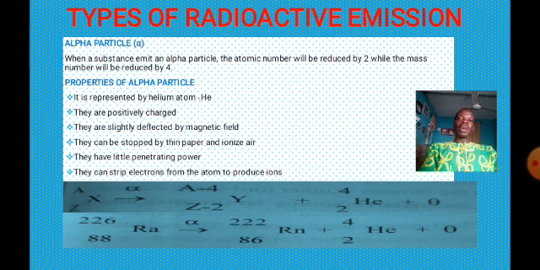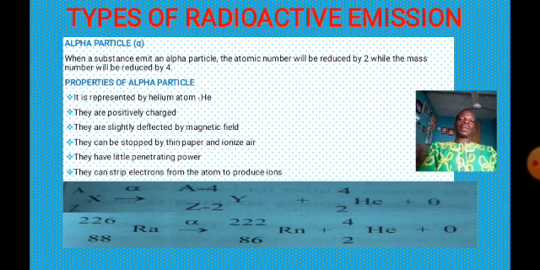If you can remember very well, at the definition of radioactivity, we said it is the spontaneous disintegration of the nucleus of an atom. And if you look at the alpha particle, it is represented by the helium atom.